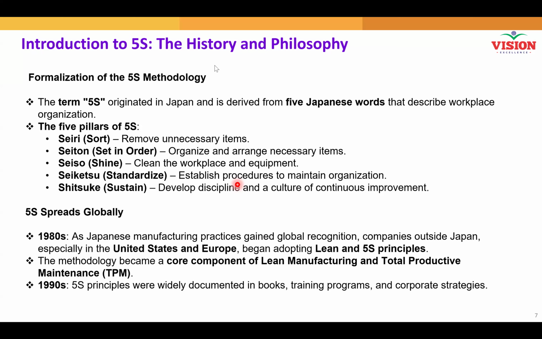You can introduce a reward system, some kind of recognition, some kind of internal auditing practices, some kind of competition, and ultimately you can connect the 5S practices to the appraisal of your employees.